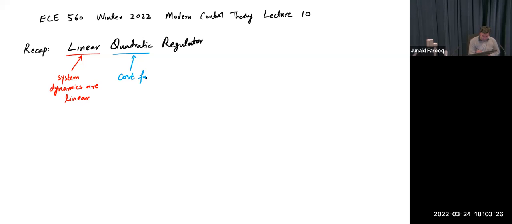So this is the cost function. All right, so we call this an LQR, and last time we saw how we can derive it. So I'm just going to give you a summary here before we see more details and examples on LQR.